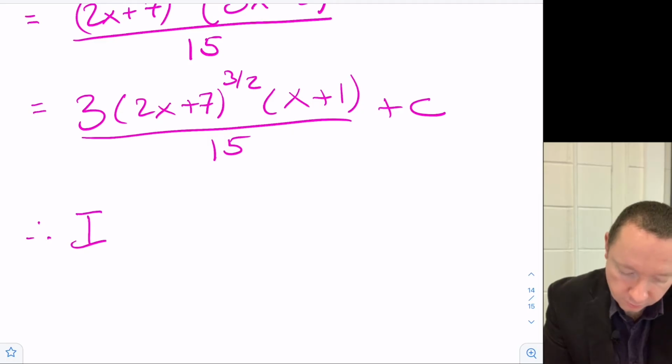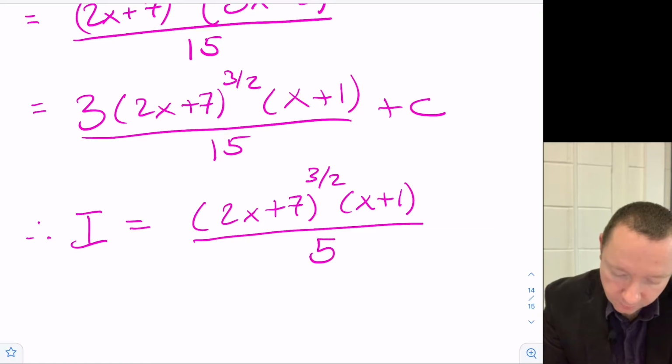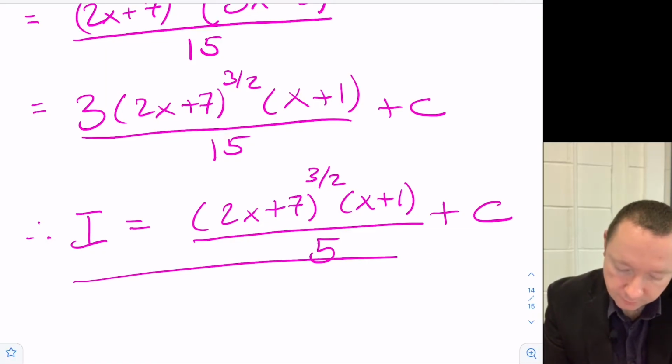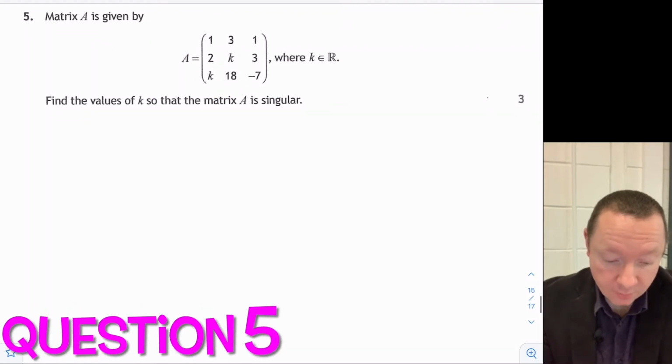Therefore, the integral equals (2x + 7)^(3/2)(x + 1)/5 plus c. And we're done.